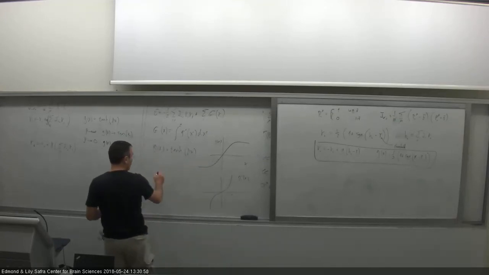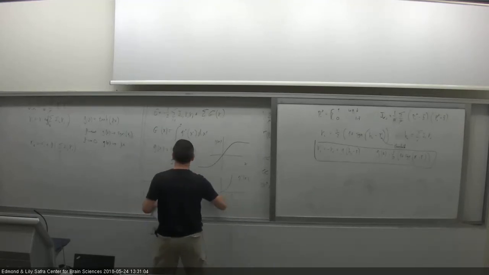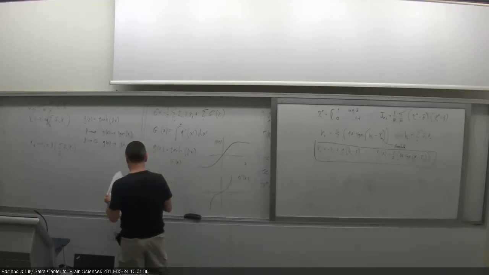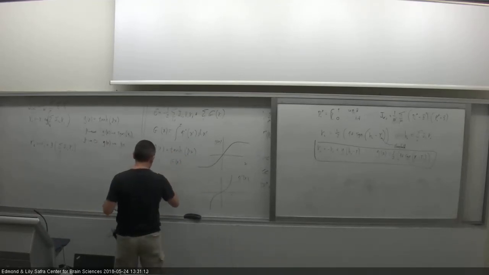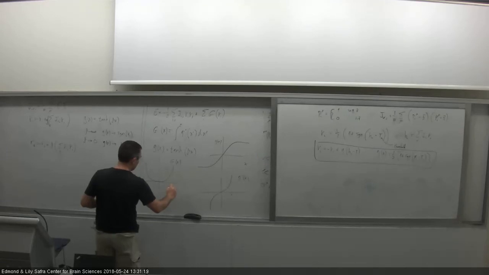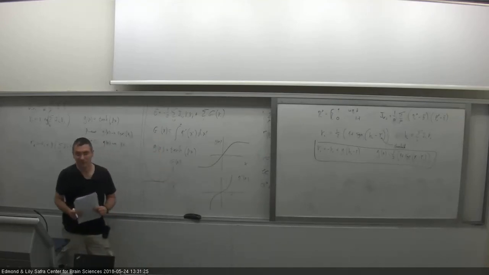And I will plot here capital G of x, and this is a function that looks something like this. Where the 0 is doesn't matter, it depends on where you define it from.